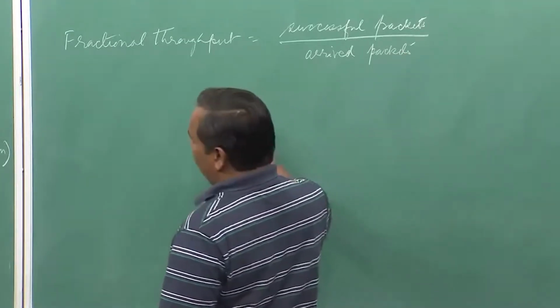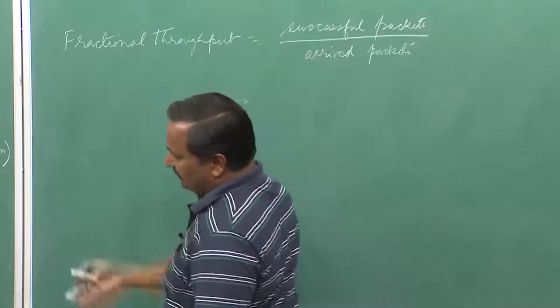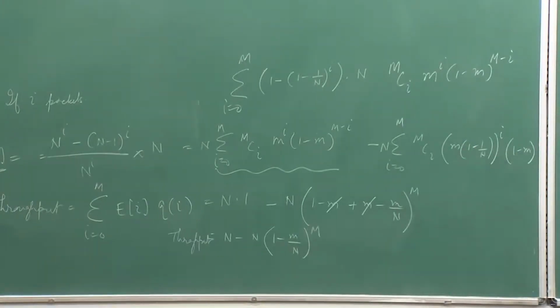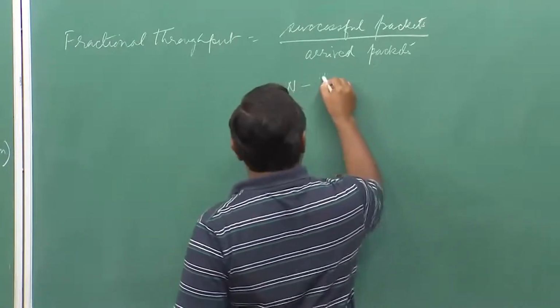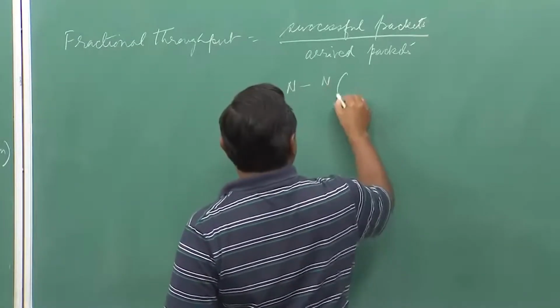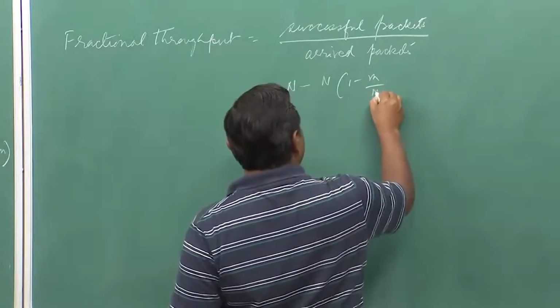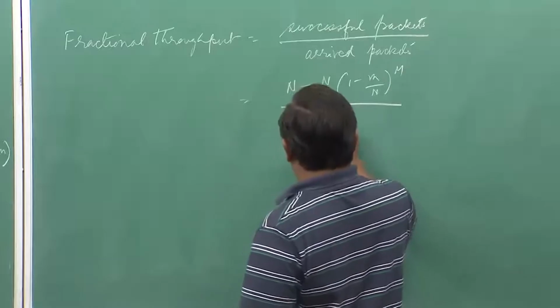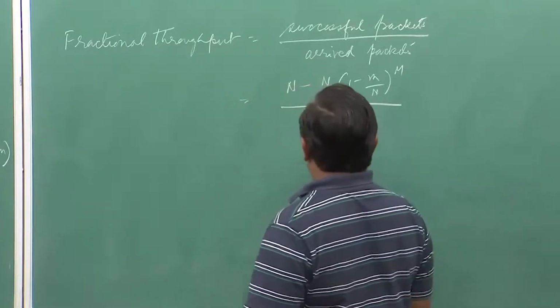So, this will turn out to be whatever is the throughput which we have, that is the total number of packets which are going out, n minus n 1 minus m by n raised power m, divided by the total number of packets which are coming, which is m into m. Okay.